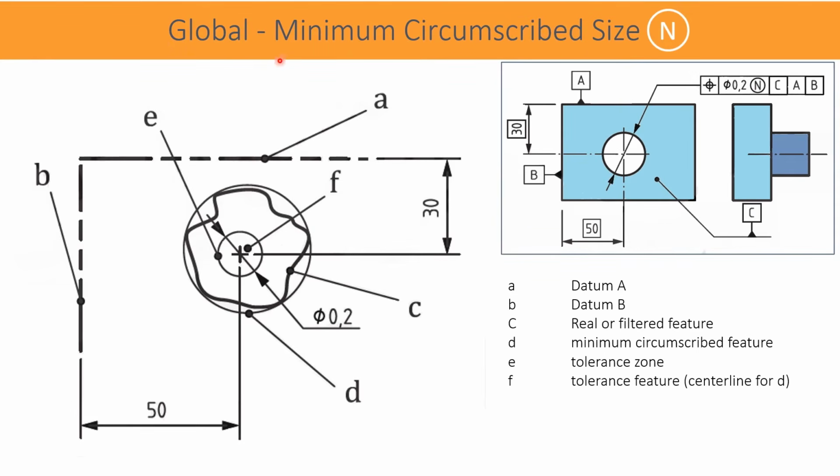In this given drawing, the shaft position is specified with respect to datums C, A and B. Also we note that the symbol N is applied.